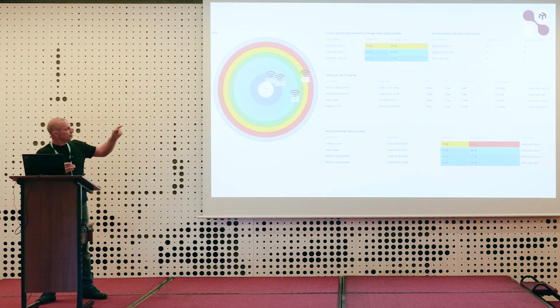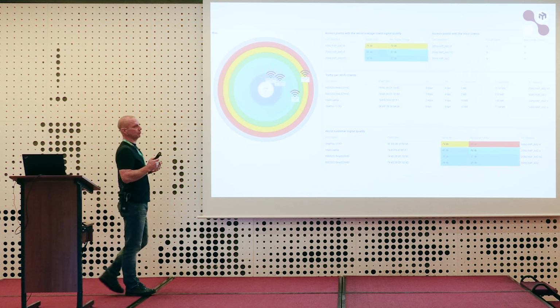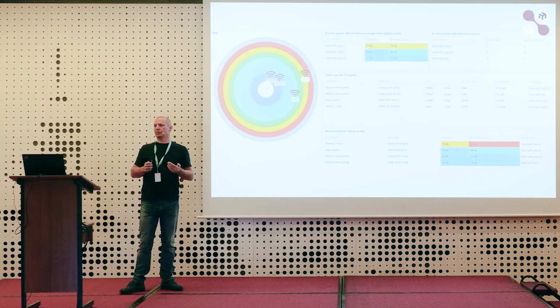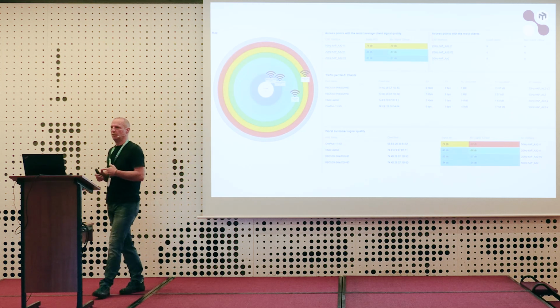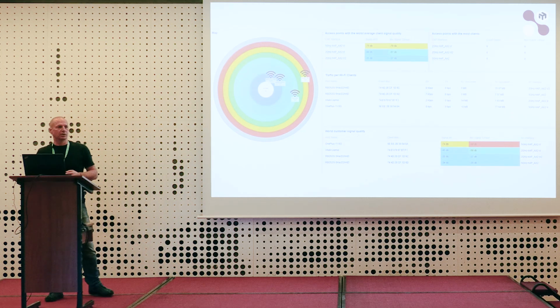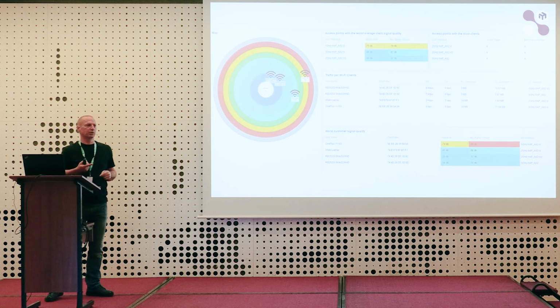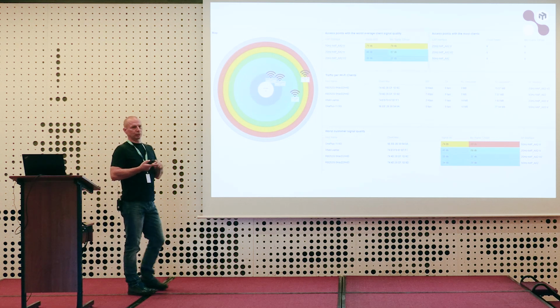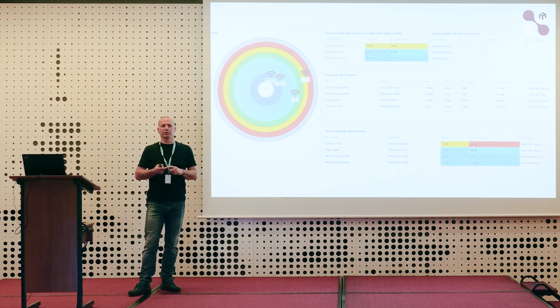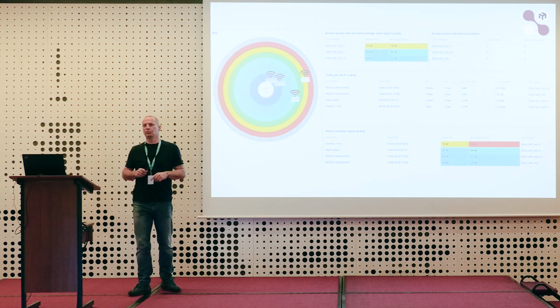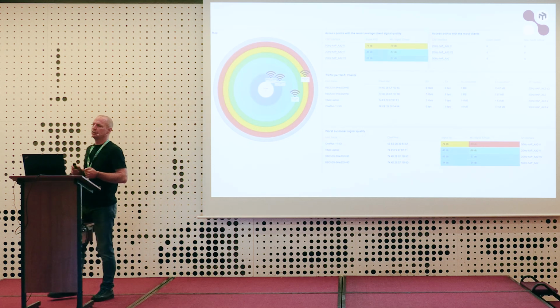And next to it, you will see the most crowded access points. So this will help you optimize your network. Why is an access point more crowded than the others? Roaming may not be working, too many clients in an area, a lack of coverage. There are reasons for it, and you can see not the reason, but you can see what's happening and you can try to make things better.